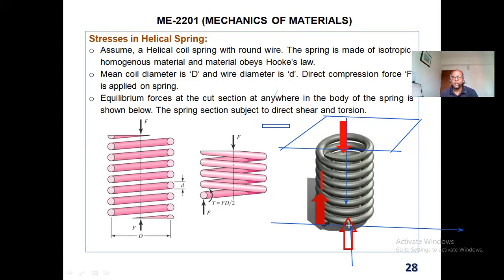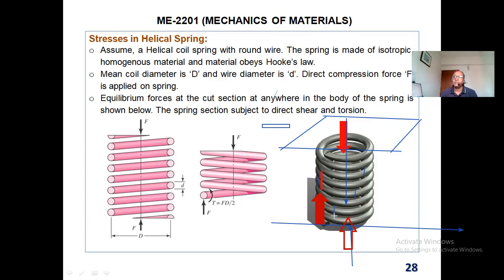So if a helical spring has failed due to the shear failure of the wire, shear failure means the wire becomes two parts. It might break anywhere, or might be here, or might be here. Anywhere, if one wire becomes two parts, then it will not be able to absorb the energy.